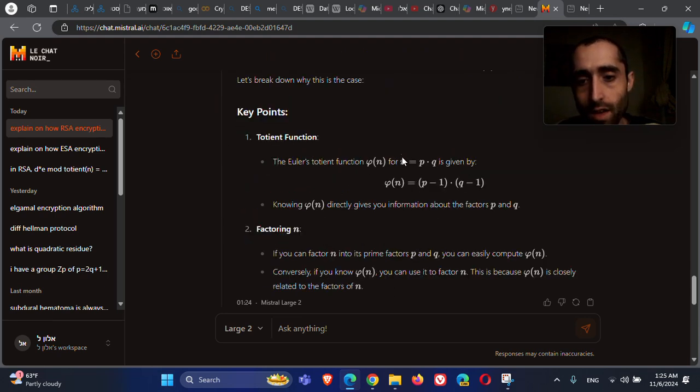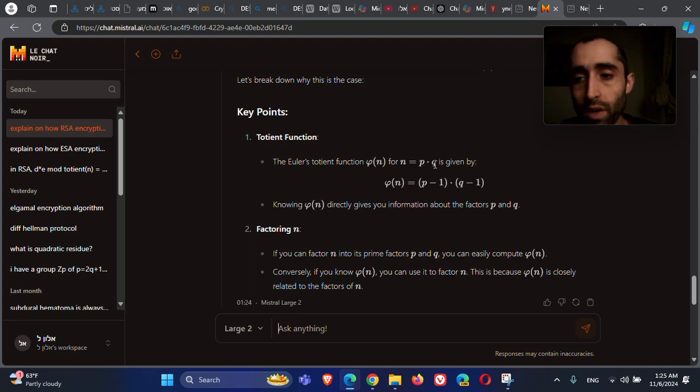So again, n is built from two large prime numbers, P and Q, and the totient of n is very easy to calculate when you know them. Everyone knows n, but if you know P and Q, the two large prime numbers from which n is built, then it's easy to calculate totient of n.